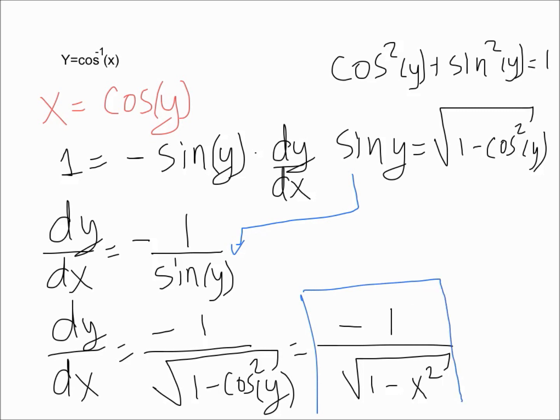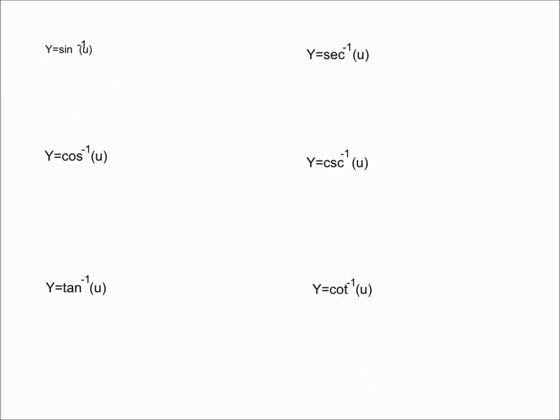Now there's 4 more trig functions that have inverses, and I won't be doing the procedure in every one of them because that will make the video too long. So I'll just give you the final result, but using the same steps, it should work. So here are all 6. I wanted to write them in their generic form, so we have u as our variable. We said that the formula for the inverse sine of u was y prime is equal to 1 over the square root of 1 minus u squared times du dx.